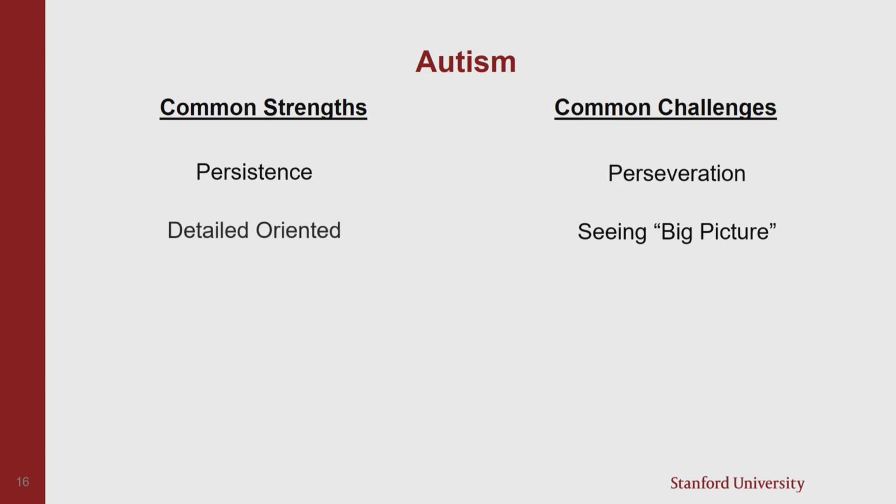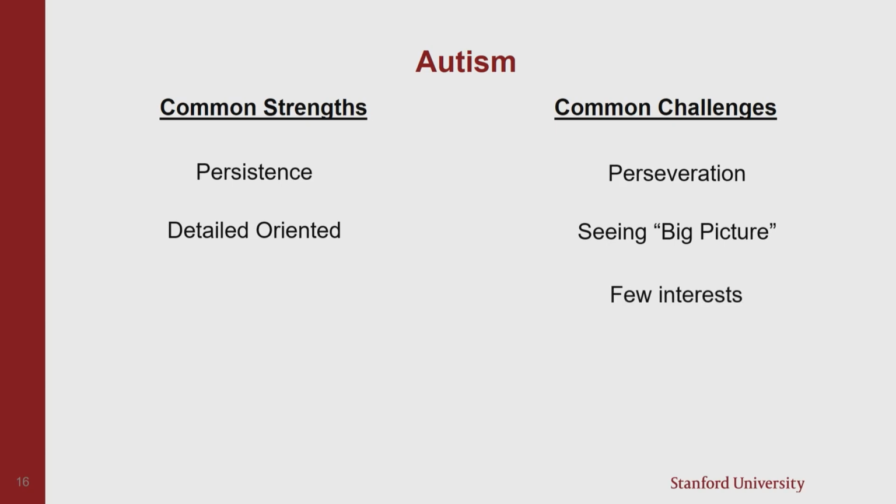In the case of autism, the common challenge of perseveration can actually be a strength depending on the context. So it can be considered persistence. And seeing the big picture is usually a big problem for individuals on the spectrum, but because of that, they really get into the details more so than anybody else. And sometimes if the problem requires the detail, you have the right person.